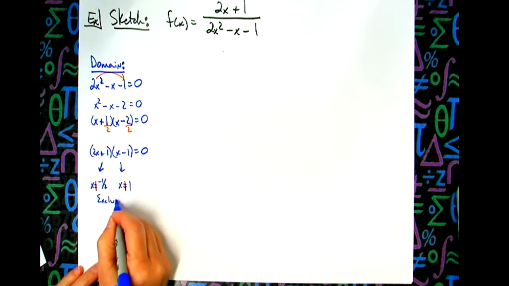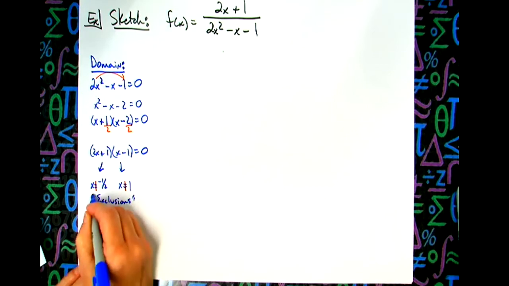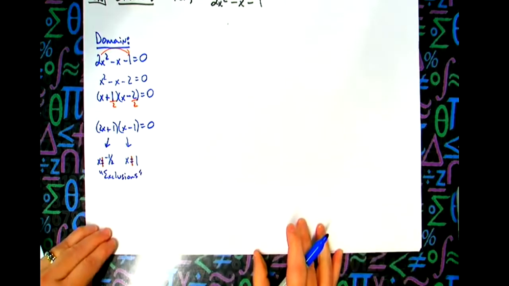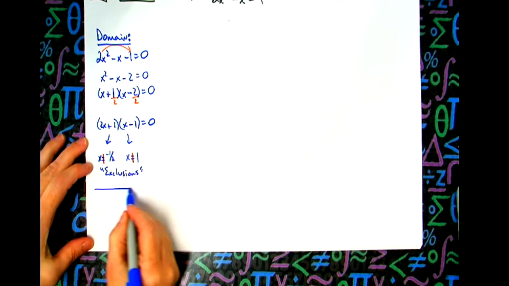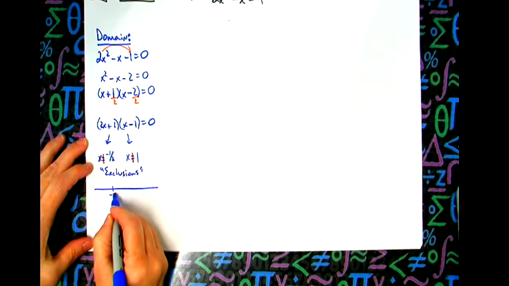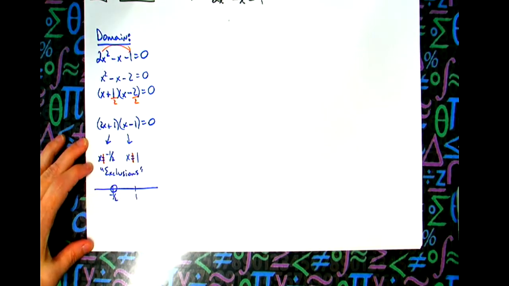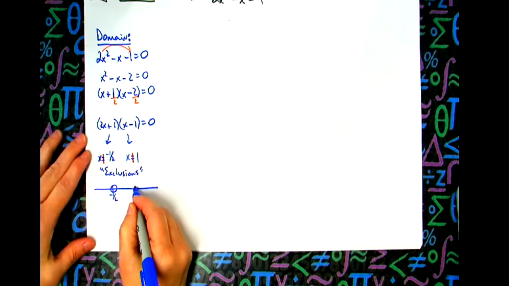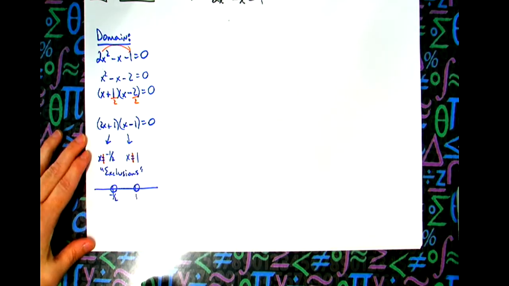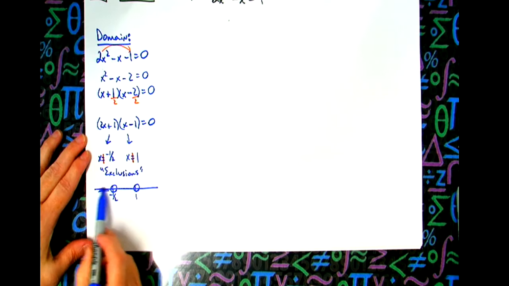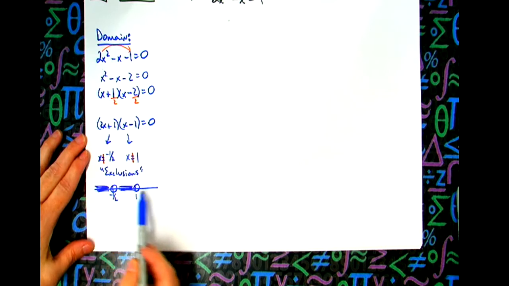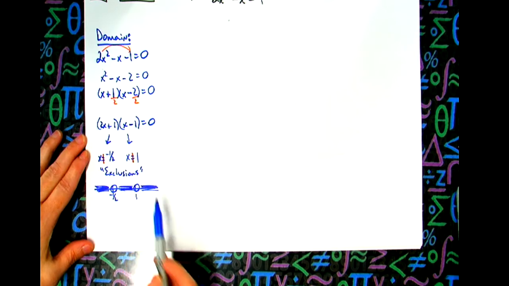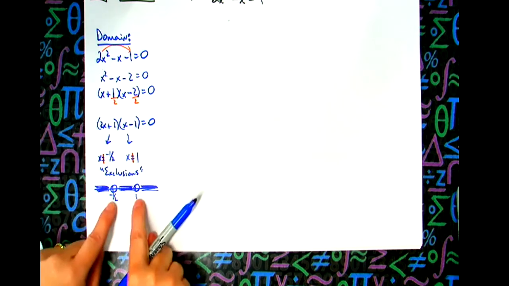And then I don't know how well you guys are getting this. Do you need to see a visual of that? If you need to see a visual, you can put it on a number line and say, okay, here's negative 1/2. Here's 1. Negative 1/2 is not in the domain, so I put an open circle there. 1 is not in the domain, so I put an open circle there. And then all of these numbers are in the domain, because these are my only exclusions.